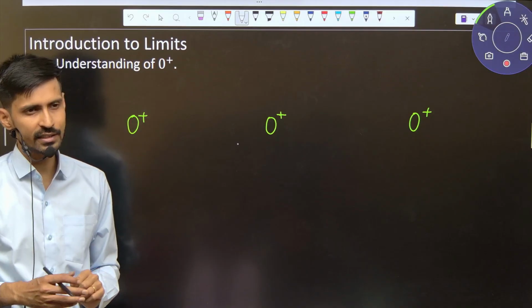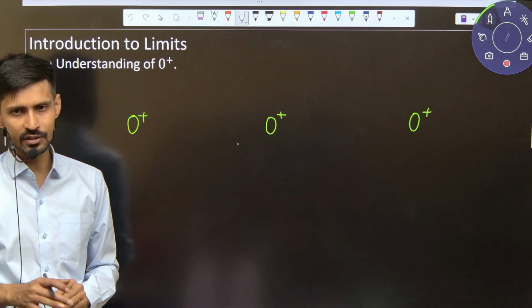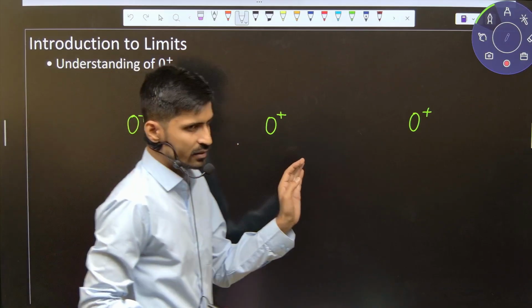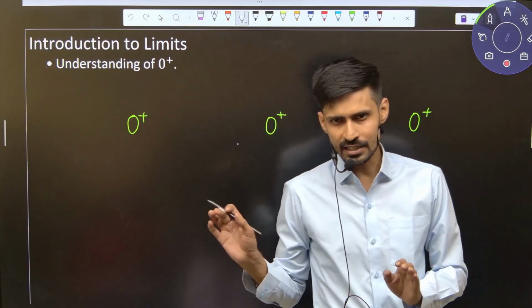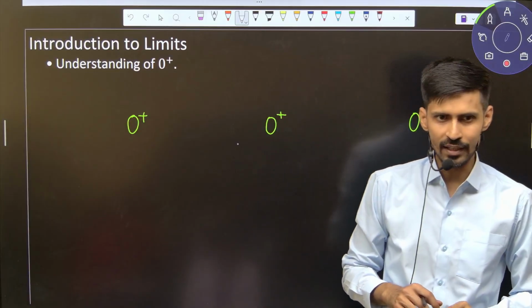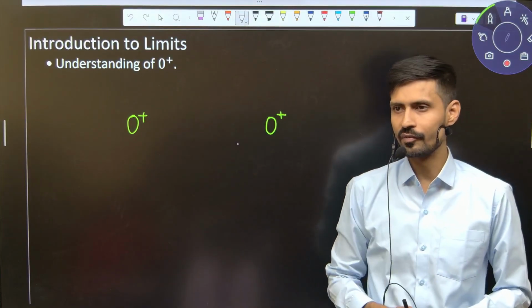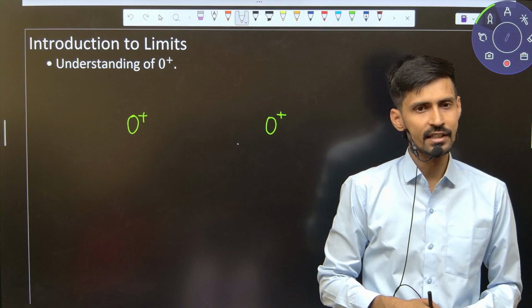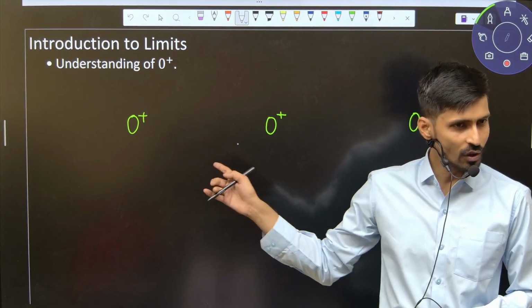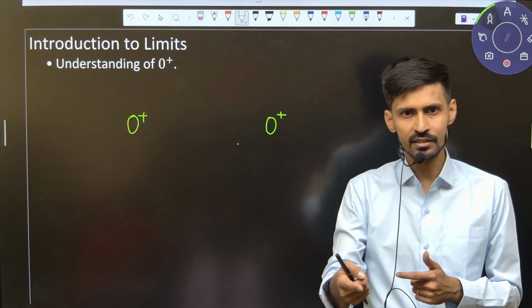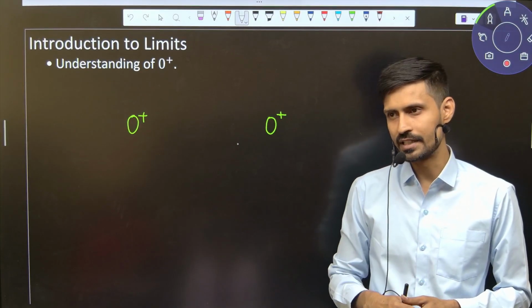But now the question is, sir, why are you saying like that? So see this. Whether these 0 plus are the same or not, we need to find from where this 0 plus is generated. If all three 0 plus are generated from the same expression, then all three 0 plus will be the same.